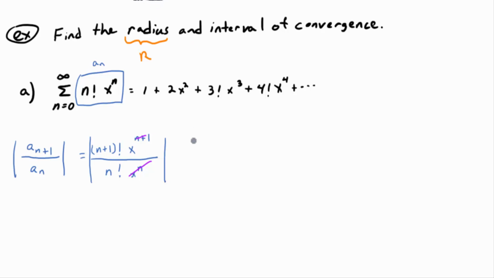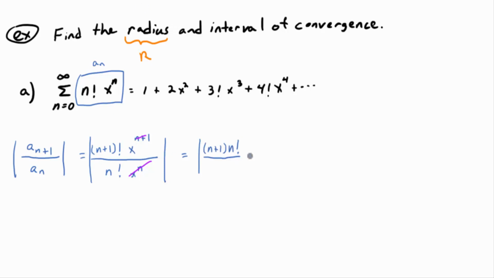Okay, so you have this, n plus 1 factorial divided by n factorial. Oh, you know what? Let's do that simplification in this step right away. So how would I want to rewrite n plus 1 factorial to get rid of the factorials? Just n plus 1 times n factorial, right?